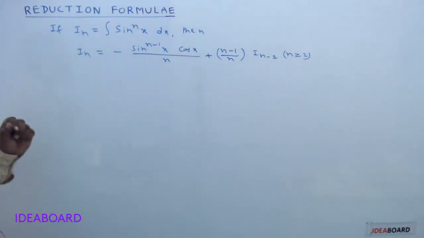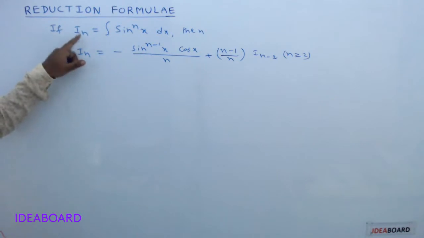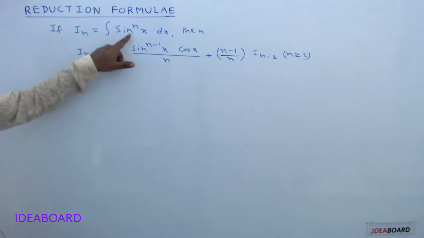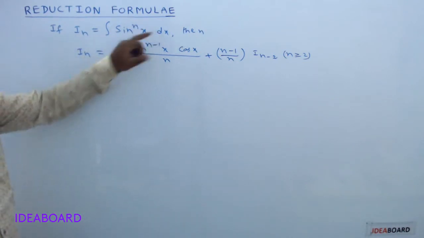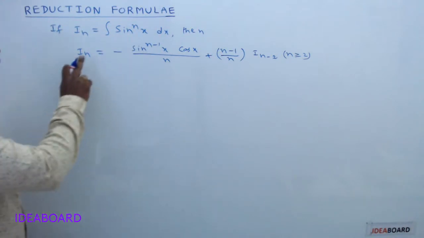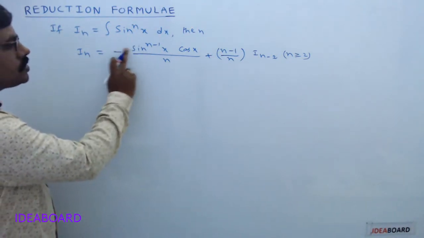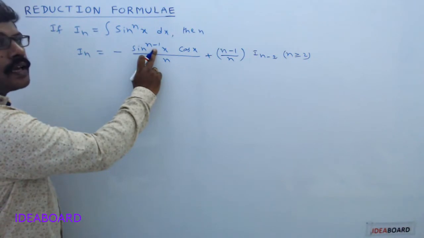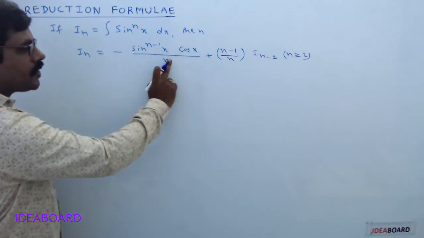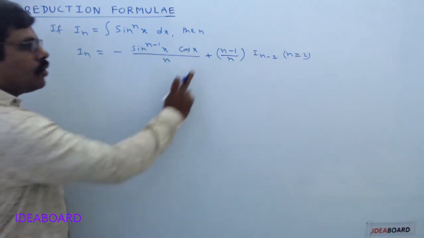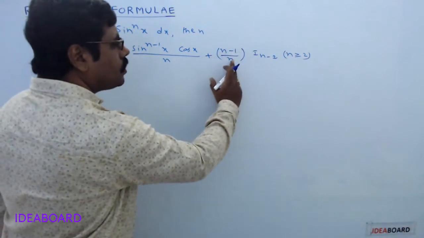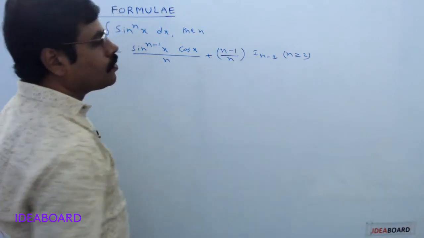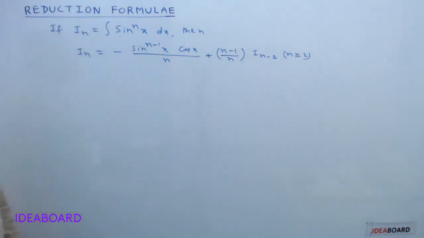What is the formula? If I_n equals integral sin^n x dx, then I_n equals minus sin^(n-1) x into cos x divided by n plus (n-1)/n into I_(n-2). Now see the proof of this formula.